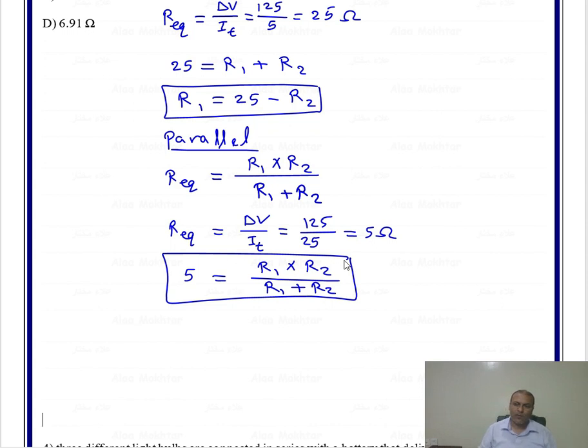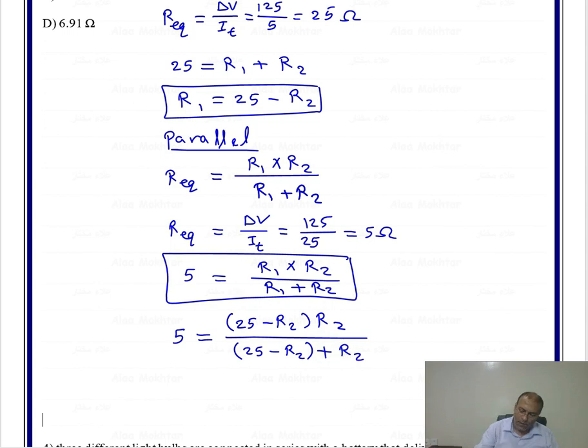We can substitute R1 from the first equation in the second equation. We can write it like that: 5 equal, I substitute R1, 25 minus R2 multiply R2 over 25 minus R2 plus R2. R2 cancels with R2.